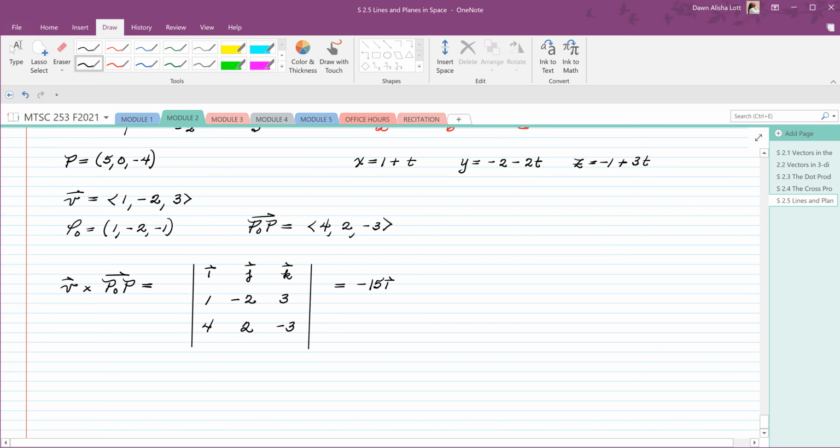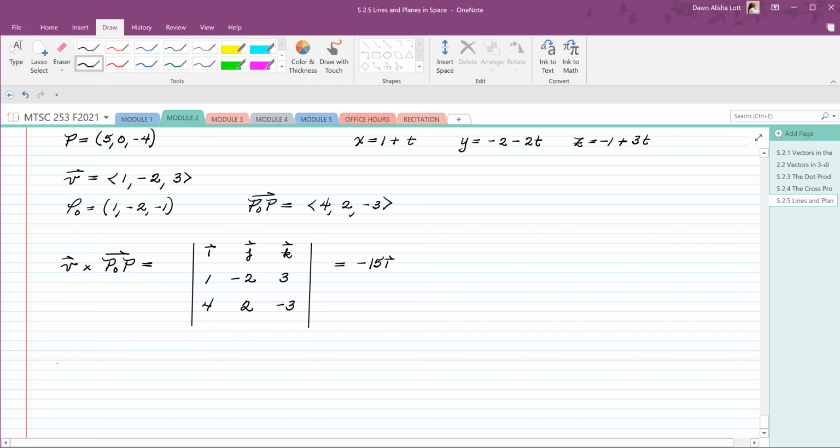Yes. Okay, so now I need the length of V cross P naught P. That's the absolute value of the length of -15i. So that's 15.